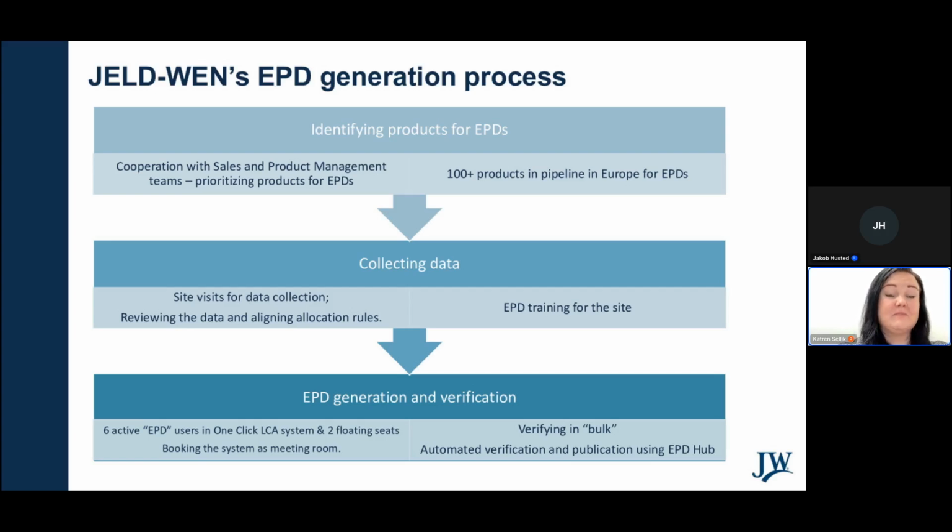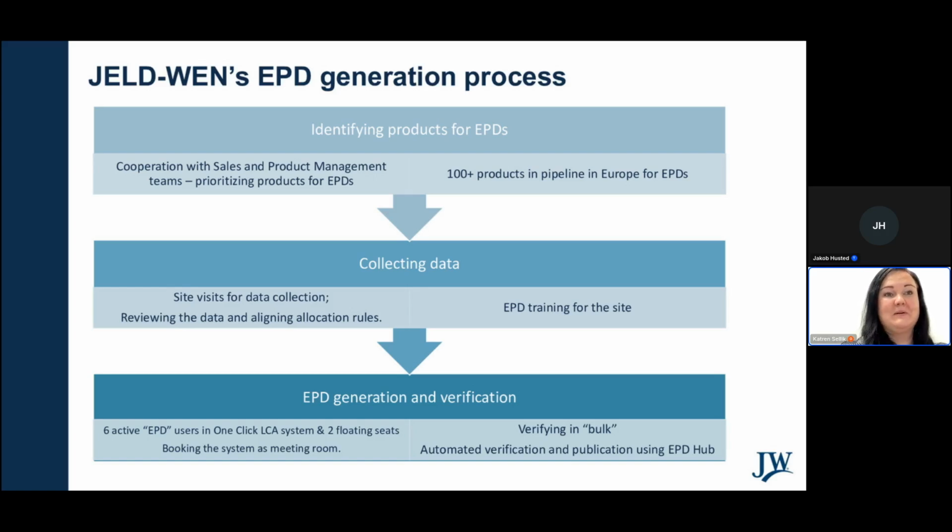And yeah, at this moment, I would say that as we were happy that we have over 50 EPDs in place already, we still see that actually, if we look at the entire Europe, we have 100 plus products still in the pipeline, where we need to generate the EPDs.